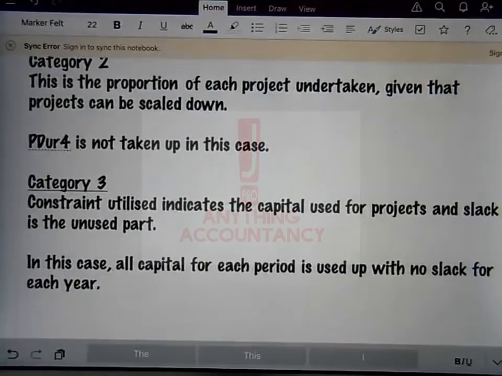Done. That's the meaning of that. So you didn't need to panic. You just have to interpret what it meant. Got it?